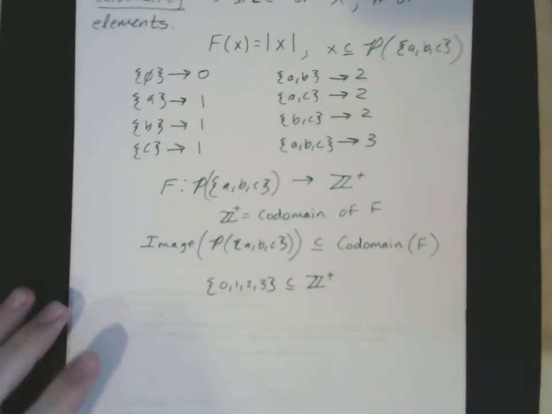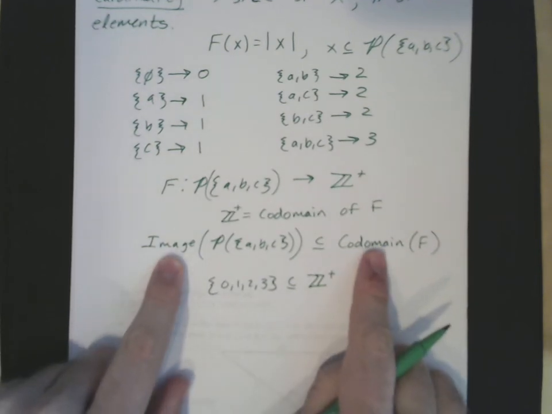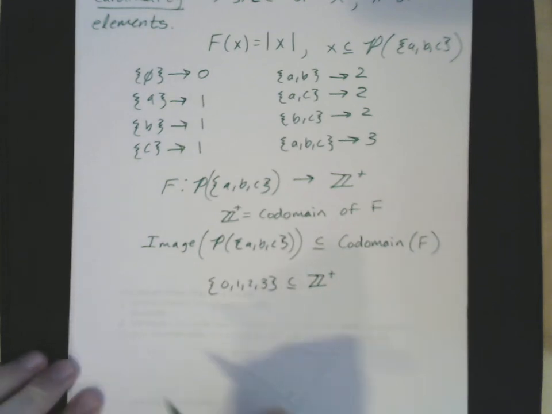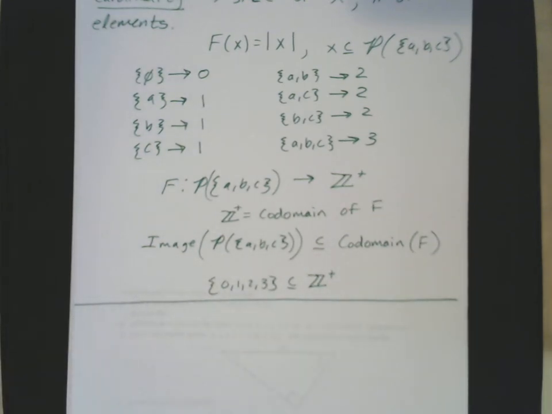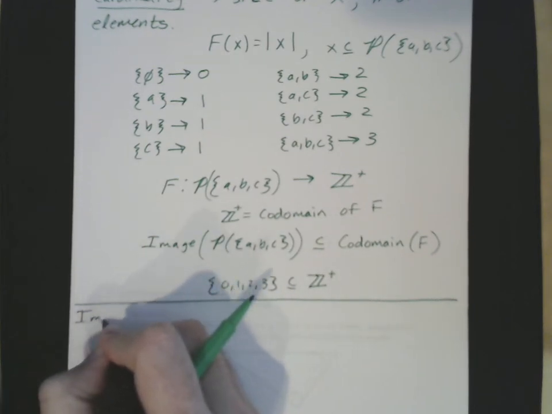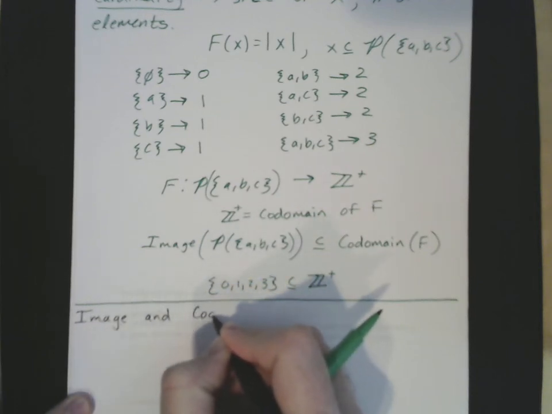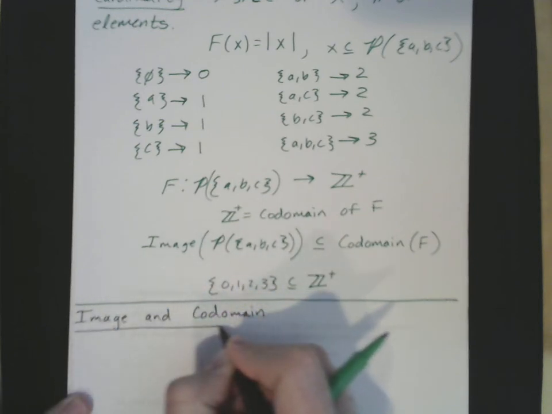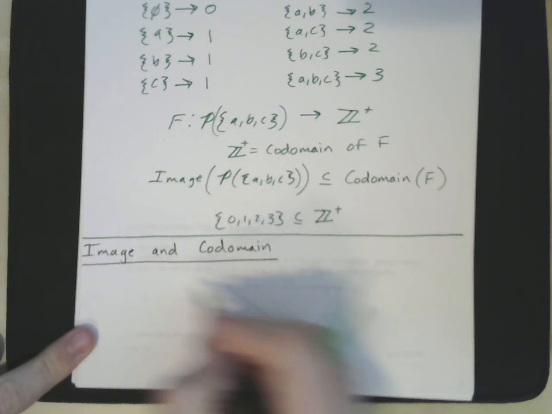So in the next section, we're going to be talking about when do these two things actually equal each other and what does that mean. It gives us a very particular property. But for now, you can take heart in knowing that the image and codomain are related by this property here.